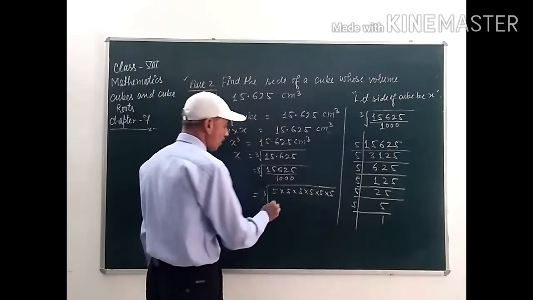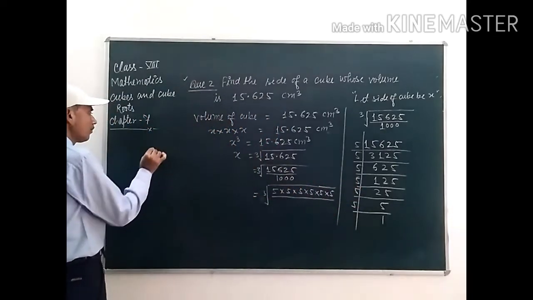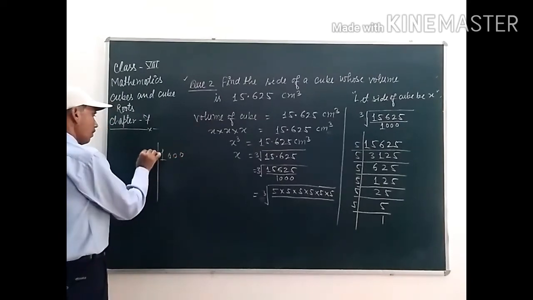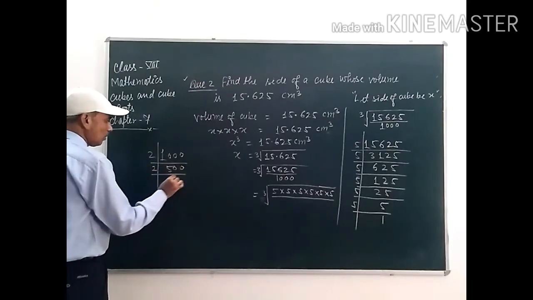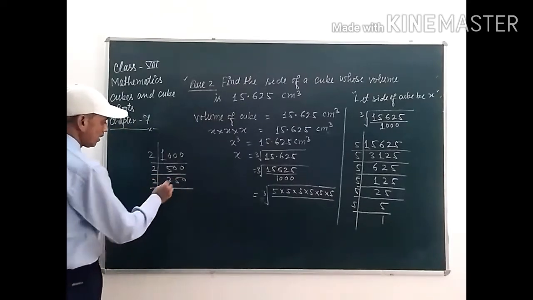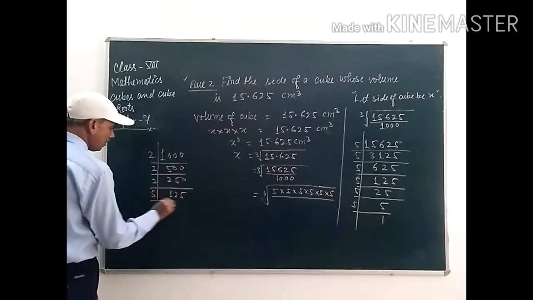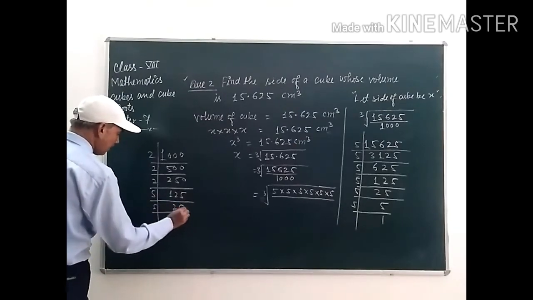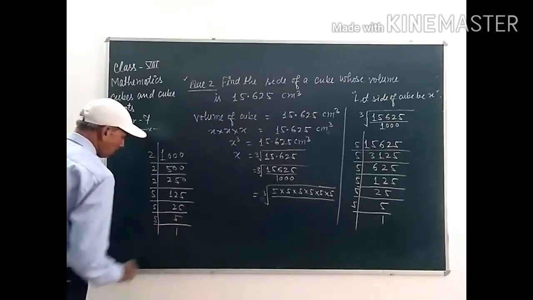Okay, now find the prime factors of 1000. Divide by 2, we get 500, again by 2, 250, again by 2, that is 125, and by 5, that is 25, and by 5, that is 5, again by 5, so 1 here.